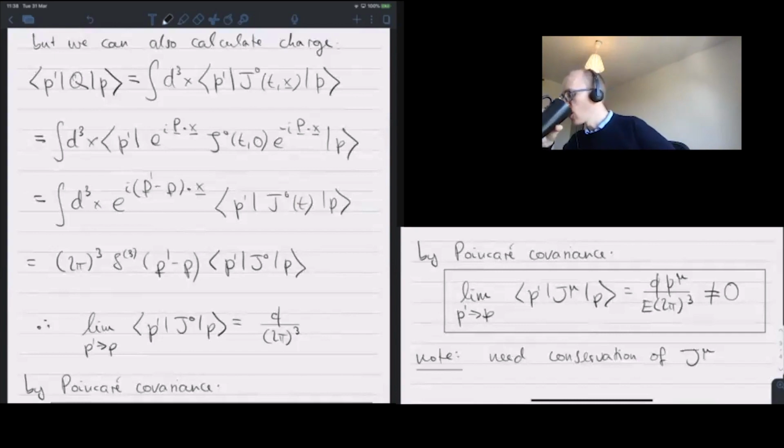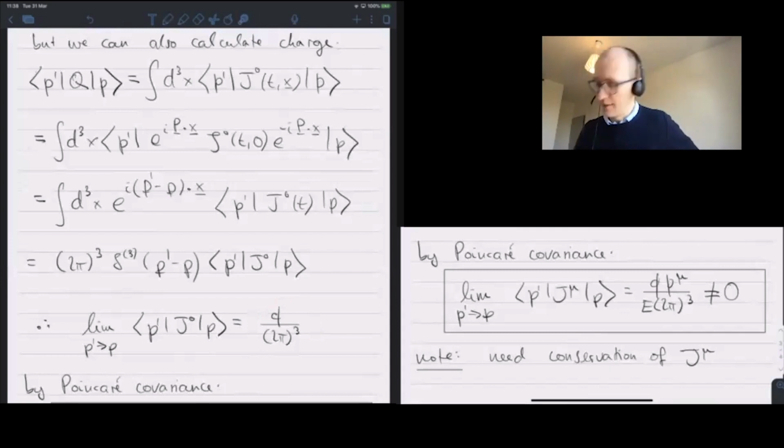It's because if you go to the zero component of this, you want that the zero component recover this expression. But the zero component of P is called E. So then you have P0 over E, which is 1. And so you get this. Thank you. Yep. Okay. Thanks for the question.